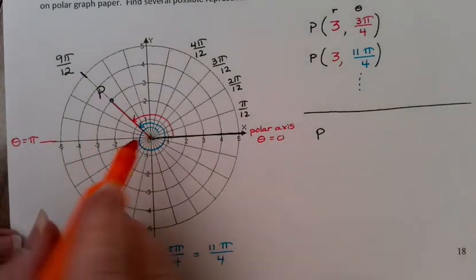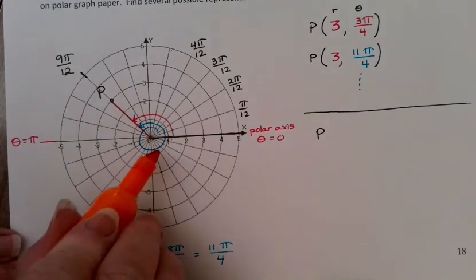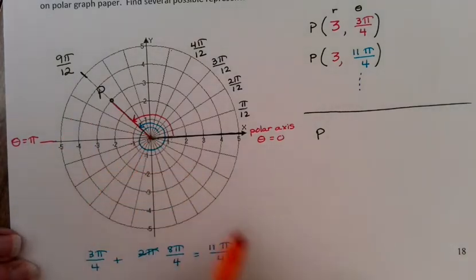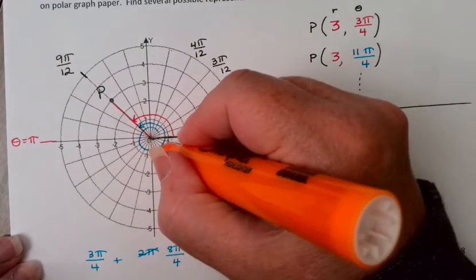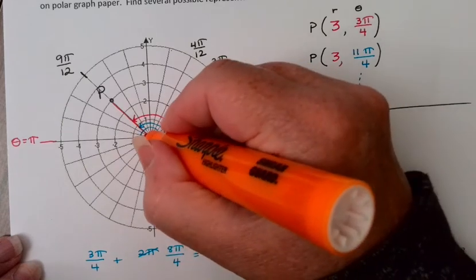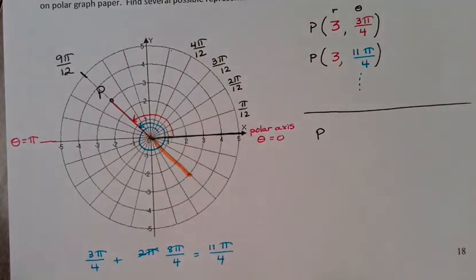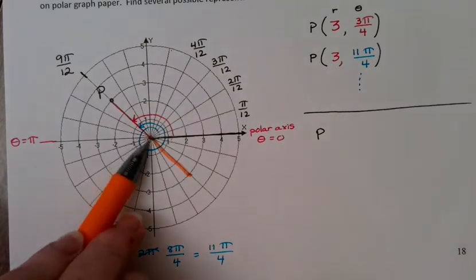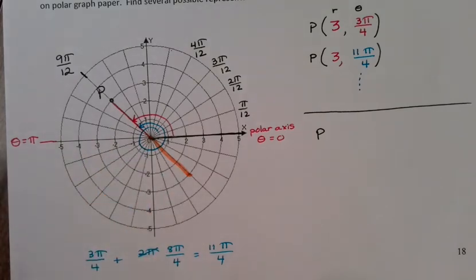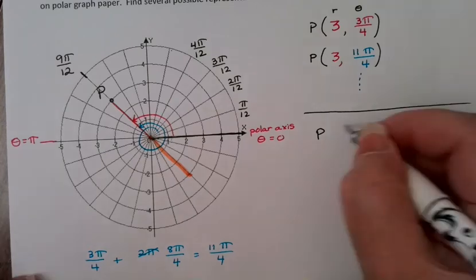So instead of going out from the pole this way, I go exactly the opposite out from the pole this way. 1, 2, 3 units to right here. Because that's actually not in the same direction as P, but rather the opposite direction of P, we would consider that a negative value of r.